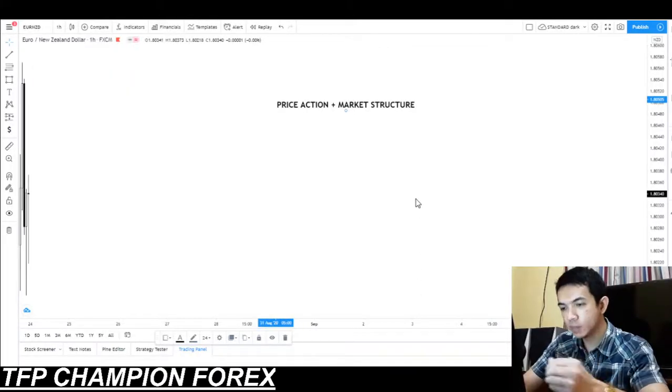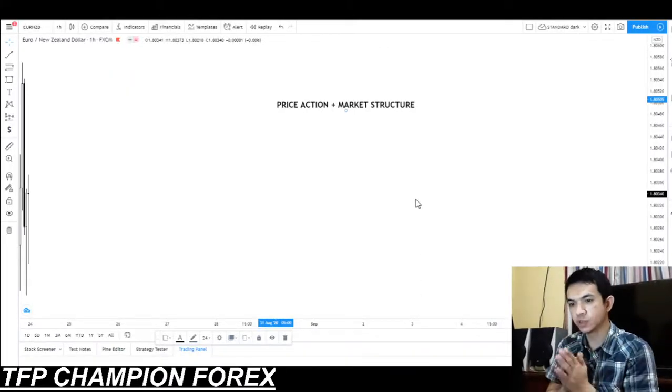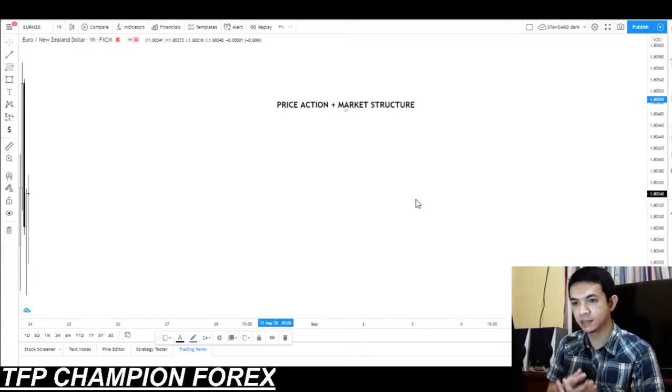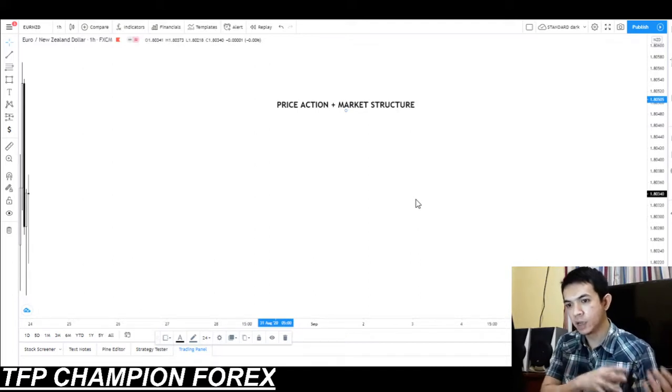Again, why am I explaining the market structure when it comes to naked chart trading? Again, guys, market structure and price action is actually a foundation when it comes to doing any naked chart trading, because it's all about the price. It's all about the price that we're analyzing, as well as the structure and candlestick formations for our entries.